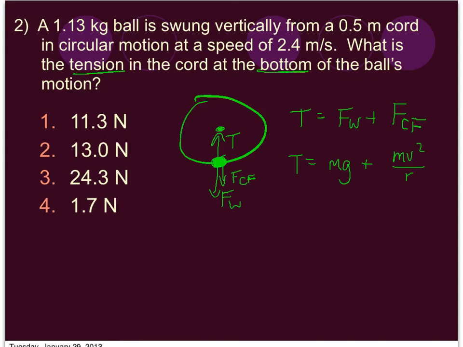All right, so we know our mass is equal to 1.13 kilograms. We know our value for g is 10 meters per second squared. Okay. We know our velocity is 2.4 meters per second, and we know our radius is 0.5 meters. So when you plug and chug this all out, you should get 24.3 newtons.